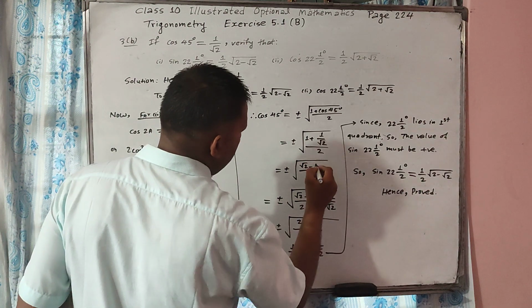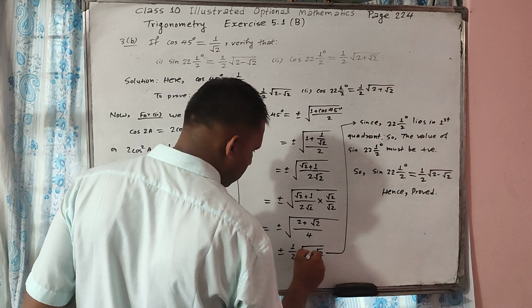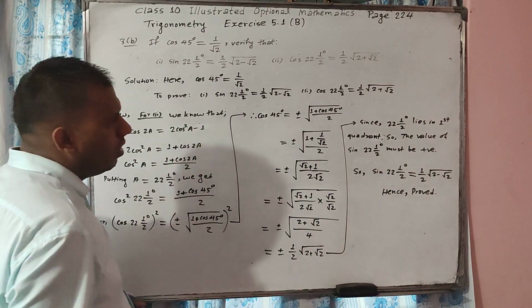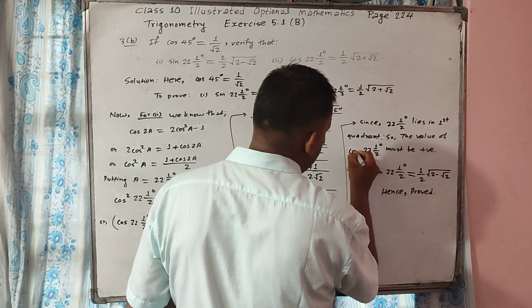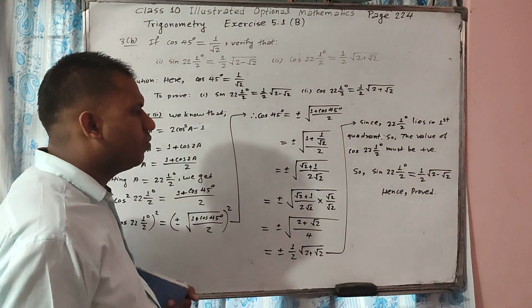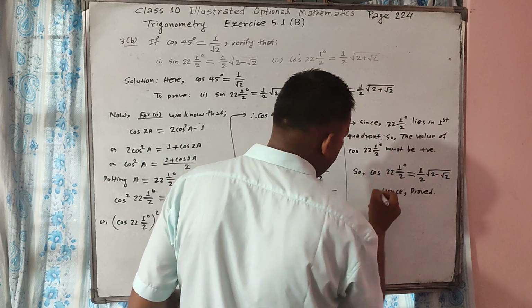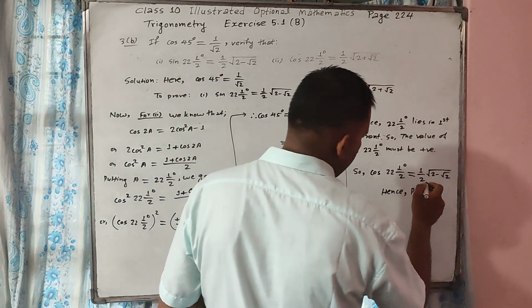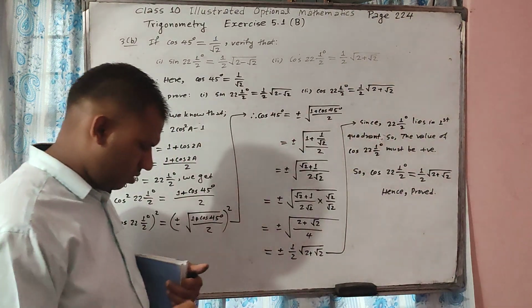Here it is plus. Since the angle lies in the first quadrant, the value of cos 22 and a half degree must be positive. So cos 22 and a half degree equal to 1 by 2 square root of 2 plus root 2. Hence proved.